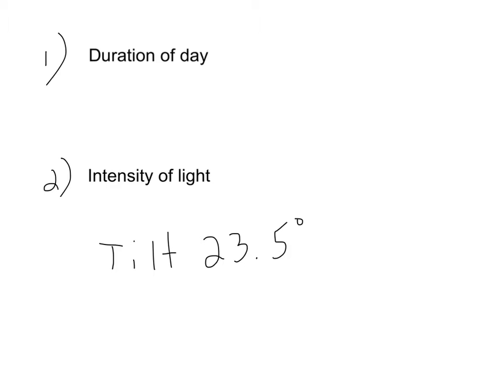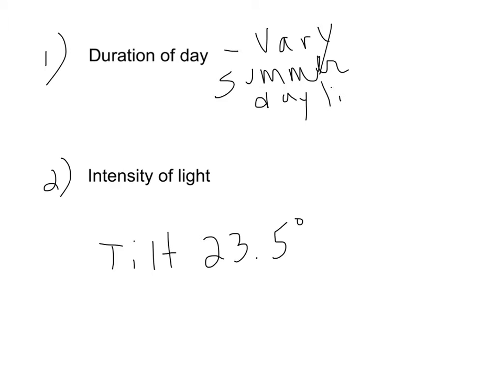And what this causes is the duration of day to vary, so that in our summer we have more daylight hours. And just like a turkey in an oven, if you put it in the oven for a longer period of time, it's going to heat up more.